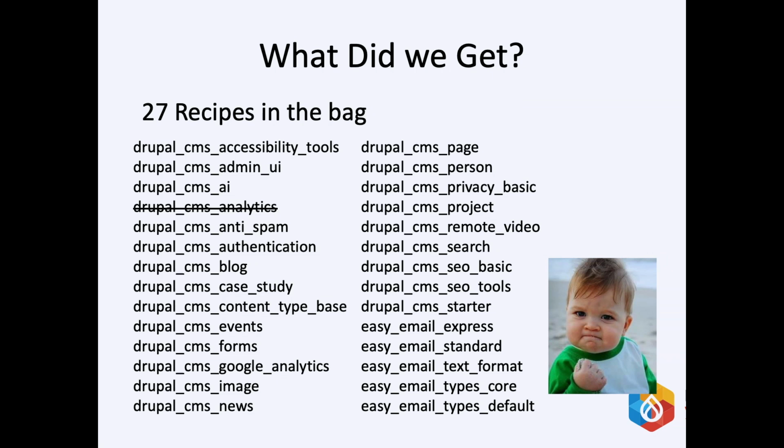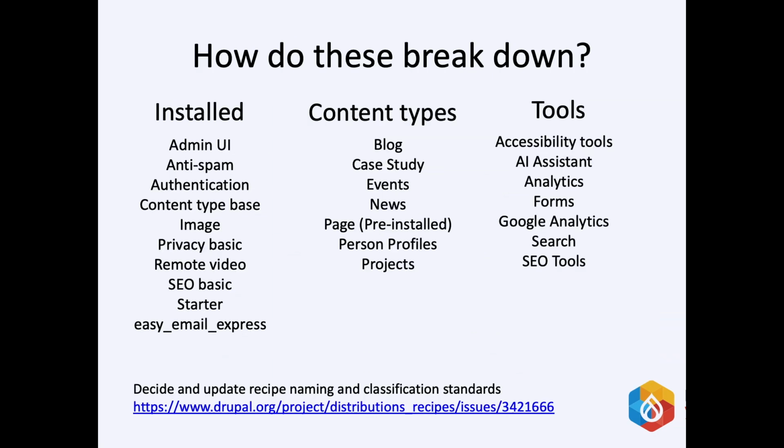Okay, so how do these break down? When you finish installing it, you get a bunch of tools that just builds the website. In 1.0, you get to choose your content types during the installer, and once you click install, you get whichever ones you have picked.